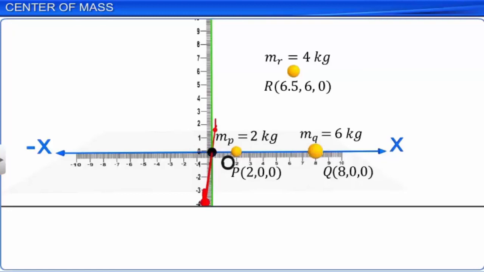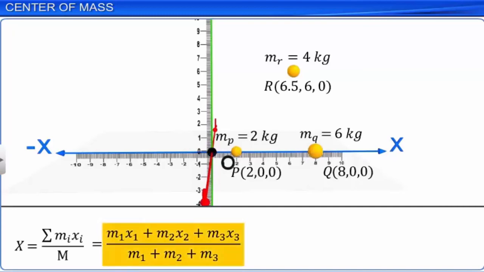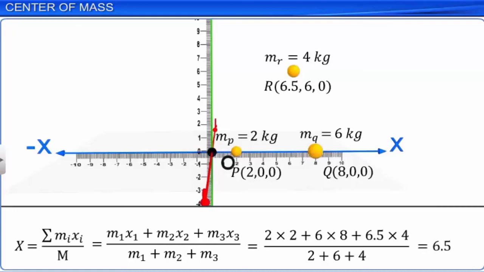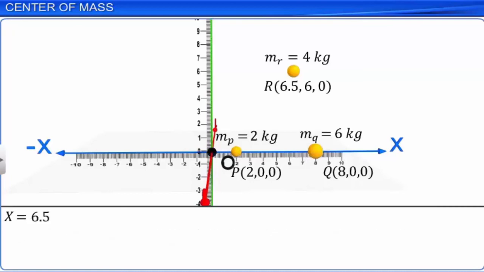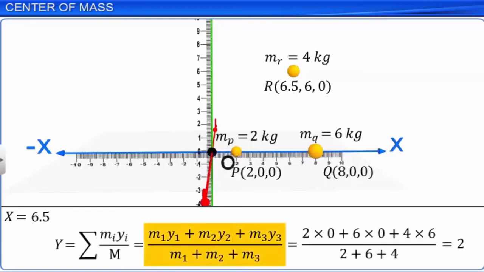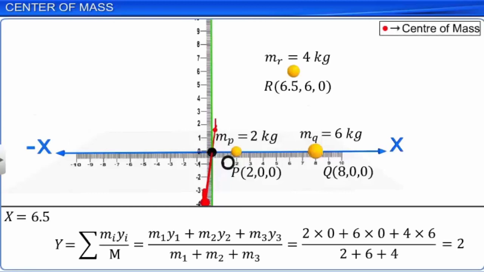On simplification as shown, we get x is equal to 6.5 and y is equal to 2. The position of the center of mass is C3, (6.5, 2, 0).